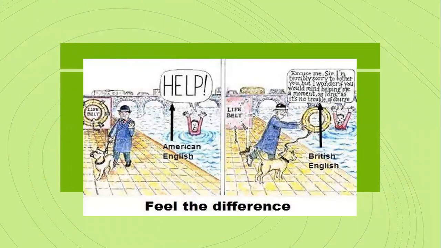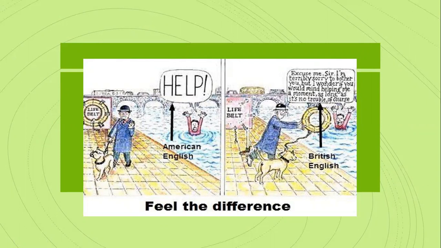I need you to please help me. Can you find the difference between those situations? In number one, he's saying, "Help!" But in the second one, he's saying, "Excuse me, sir.